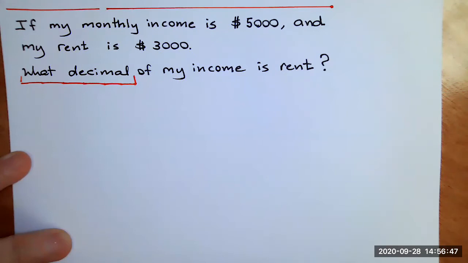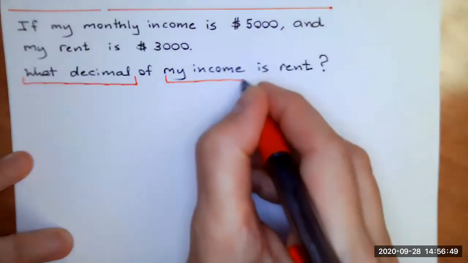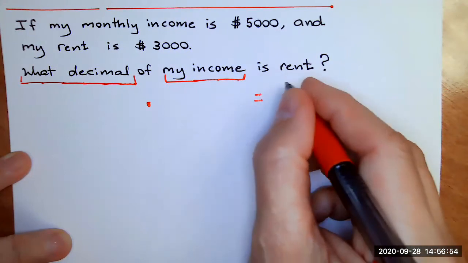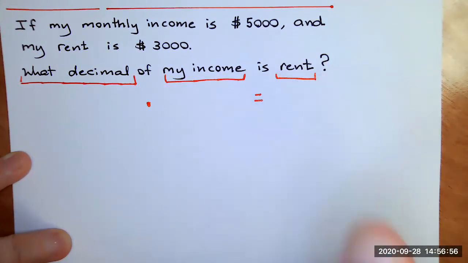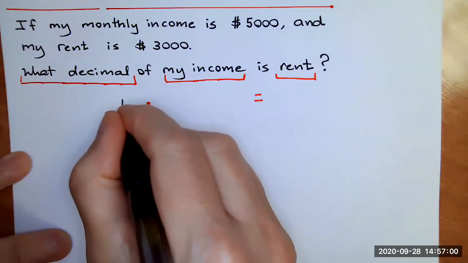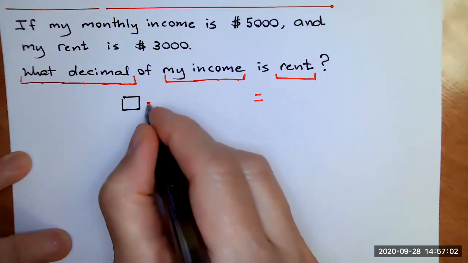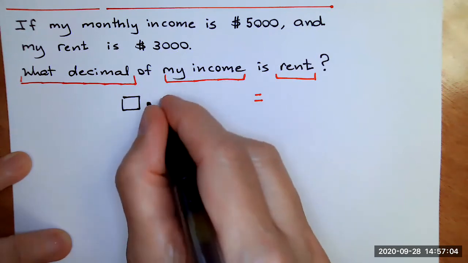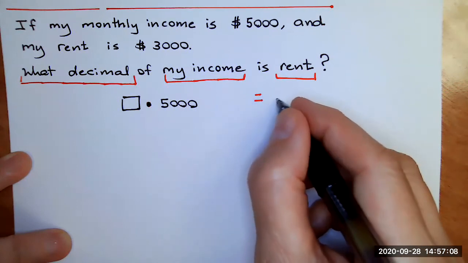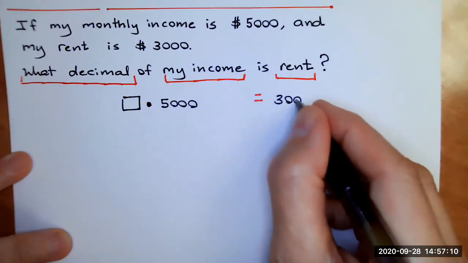So of means multiply, is means equals. So I'm looking for the decimal. My income is 5,000, and then the rent is 3,000.